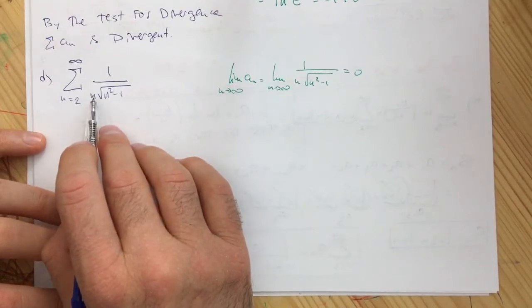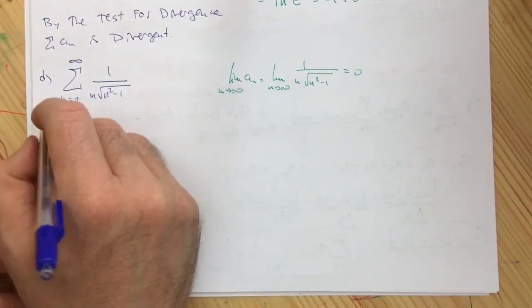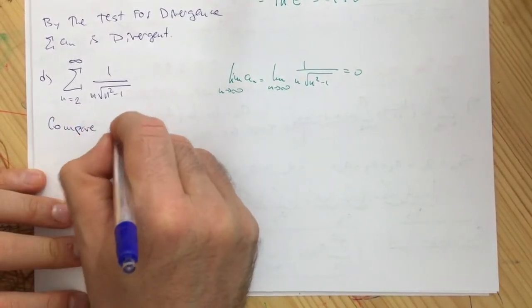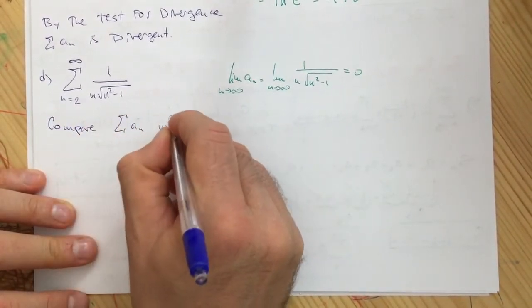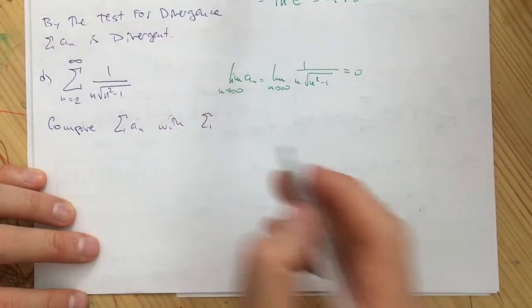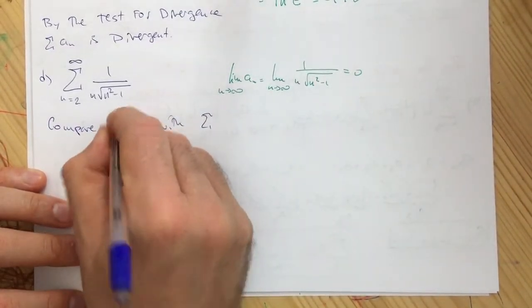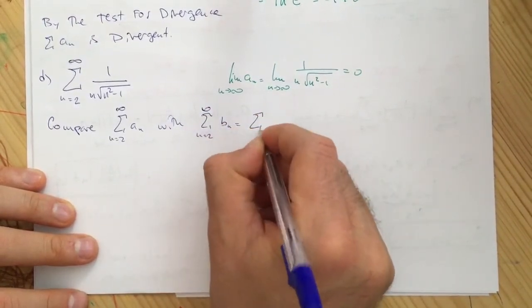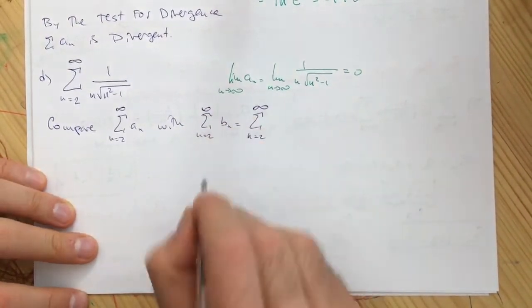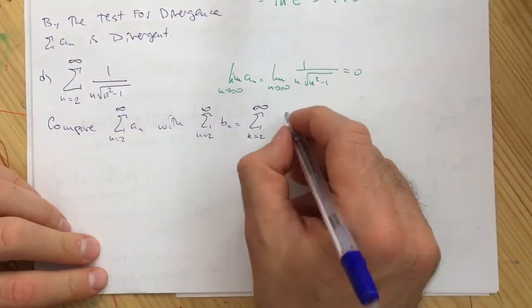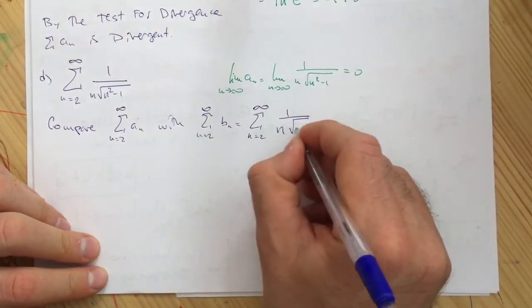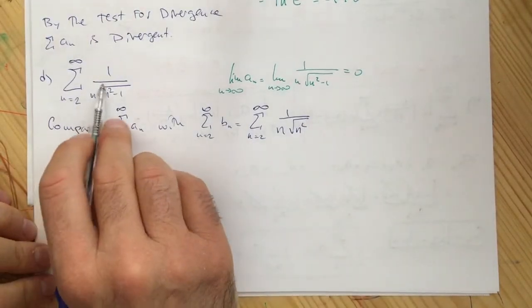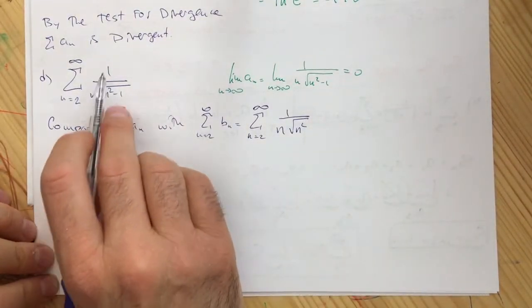Here, the best way to approach this problem is to use one of the comparison tests. So compare the sum of an with the sum of bn, and now you have to come up with this bn. I'm going to choose 1 over n times square root of n squared. Okay, so I just choose the highest exponent in the numerator and denominator.